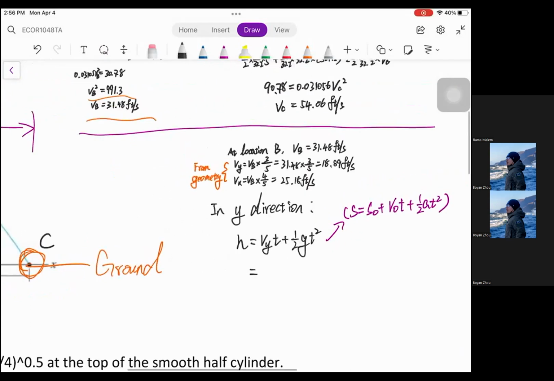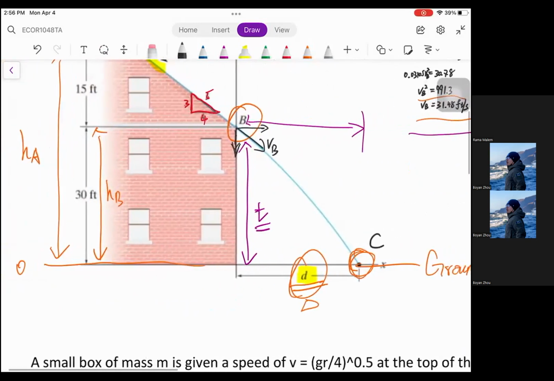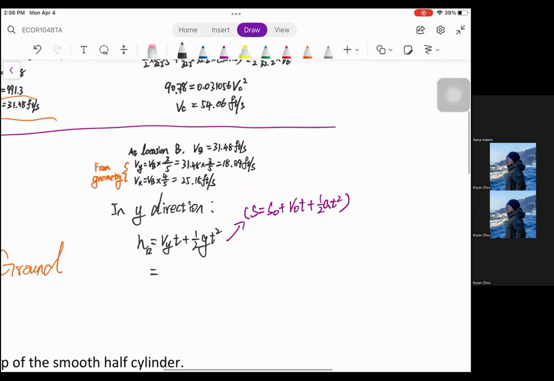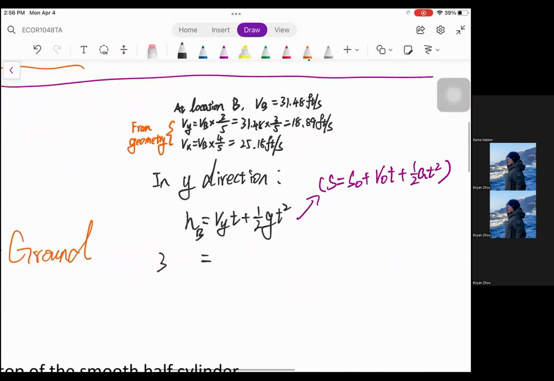And the h, we know that is hB, so it's 30 feet. 30 feet is equal to Vy, which is 18.89 times the time t plus half times 32.2 times t squared.